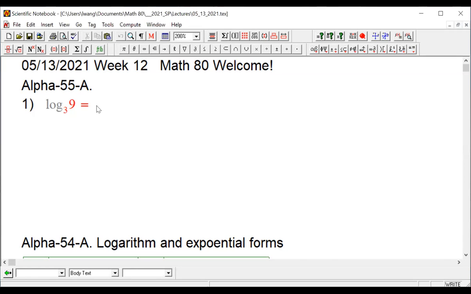What number power of 3 is equal to 9? What is the meaning of log base 3 of 9? It's asking for the power that, applied to the base, gives you 9. So what will be the answer? Alan? Francisco?